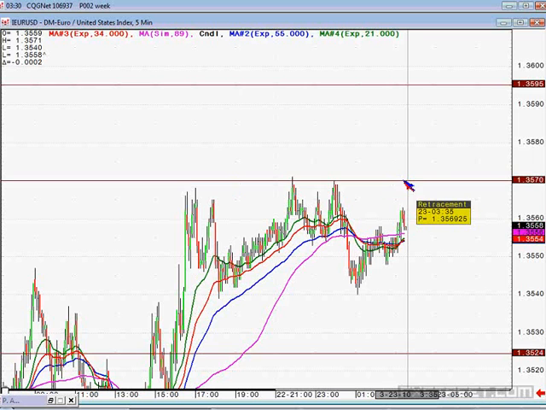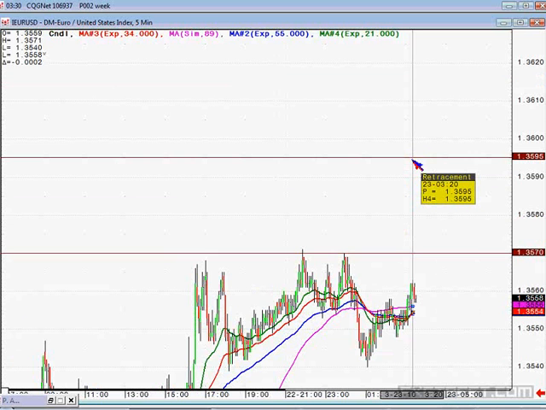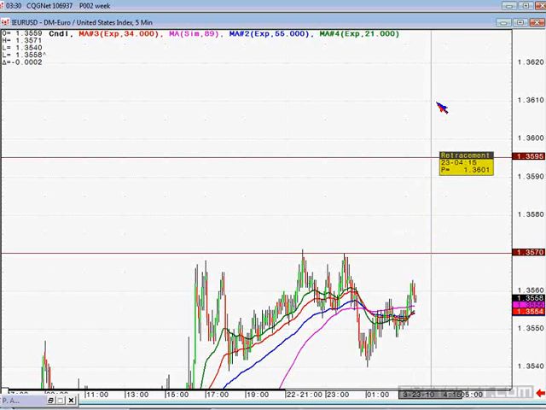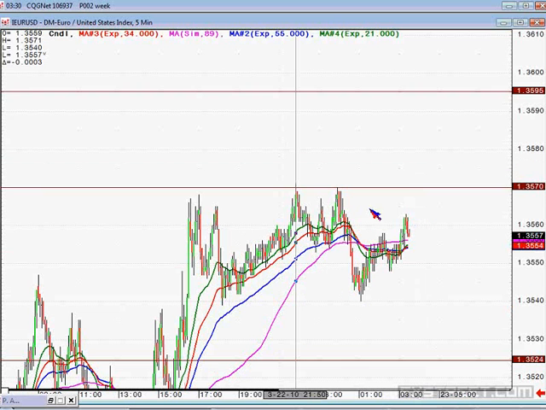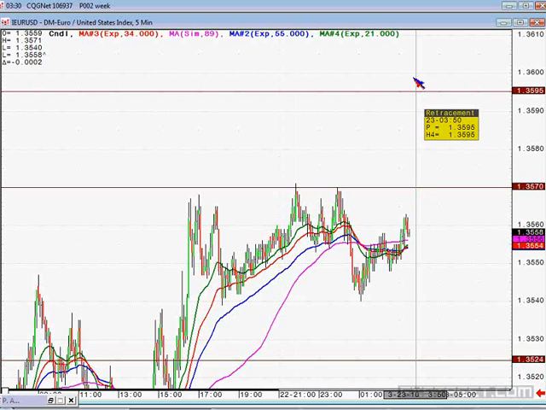Once it breaks this level, we'd like to go long, but we have to wait to see whether the price clears 135.95. Then we can be pretty sure that the price is going to make higher highs and higher lows. Till then, the price would struggle or consolidate. Once it breaks 135.70, then probably at 135.95 it should have a minor pullback.